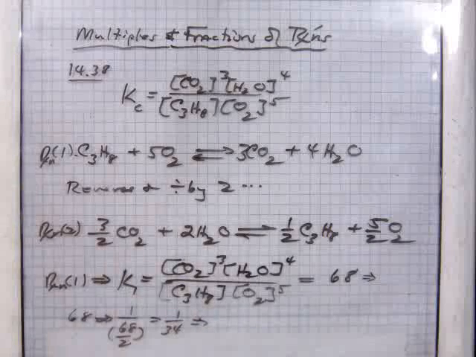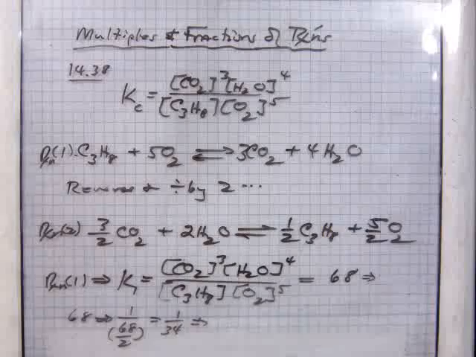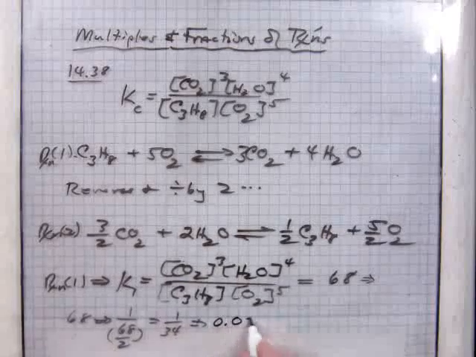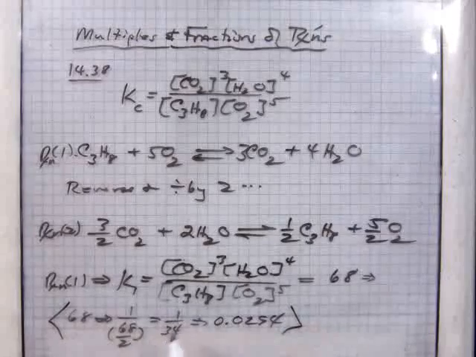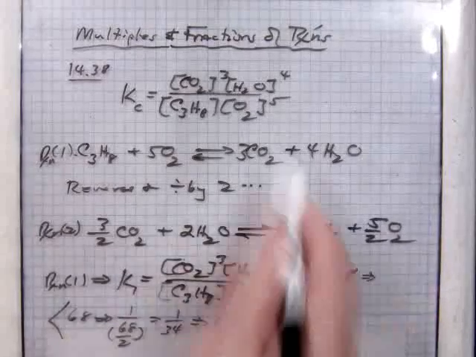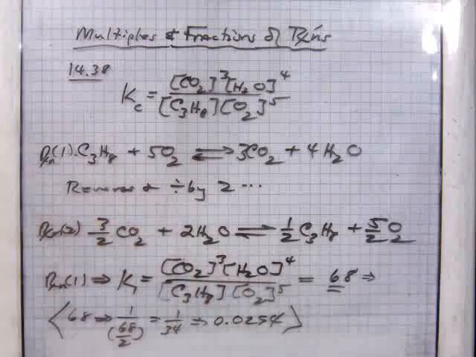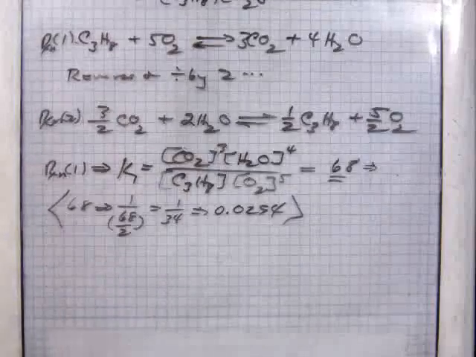That's the point I'm trying to make about what you can and can't do. The reciprocal of 34 is 0.0294. You would get that if you did the same thing to the equilibrium number that you did to the reaction, but it turns out you can't do that.